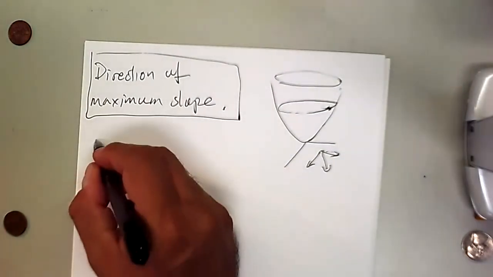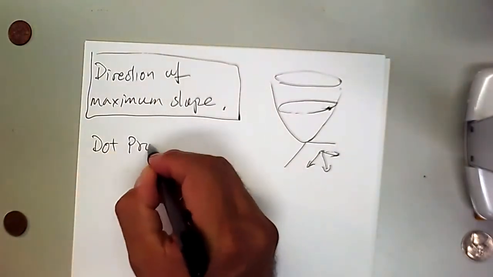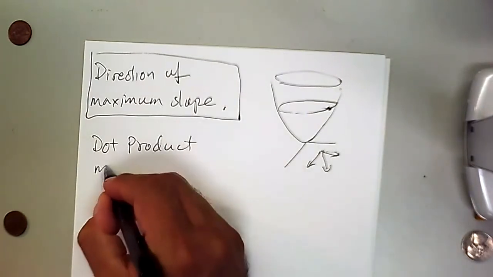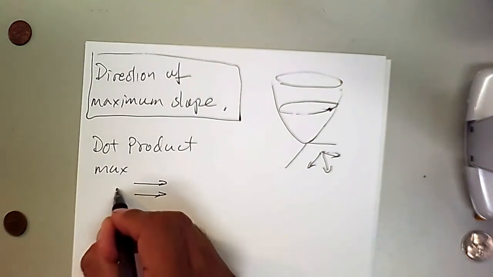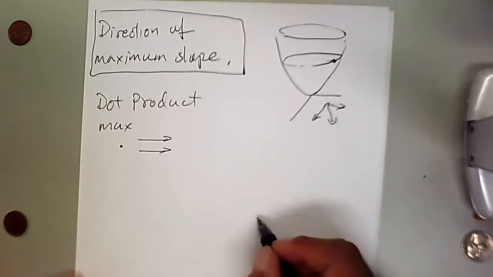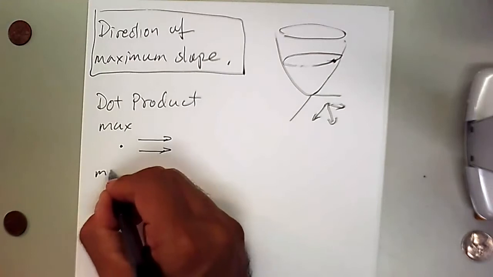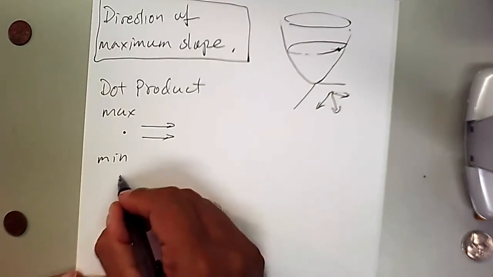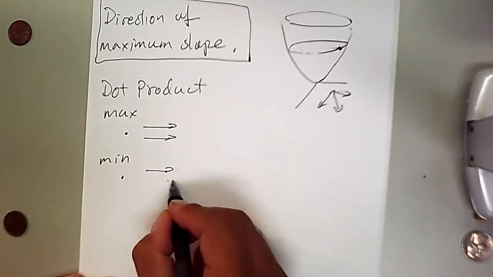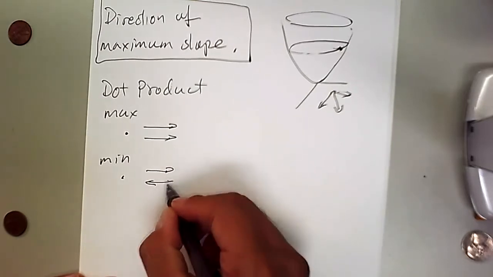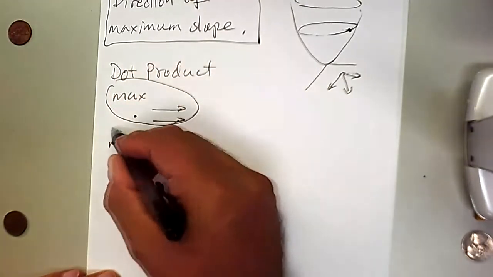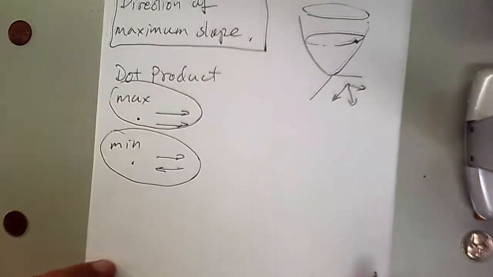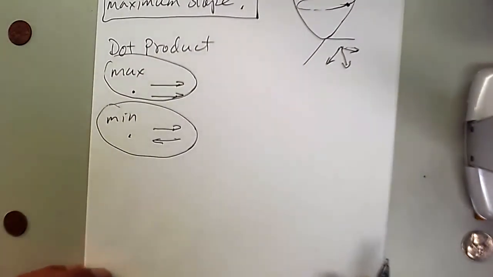The dot product gives us maximum values when the two vectors we're multiplying are parallel in the same direction. We get the minimum dot product if the direction is opposite, same direction but opposite way. So maximum, minimum. That is the whole point of the dot product, in my opinion, in physics.